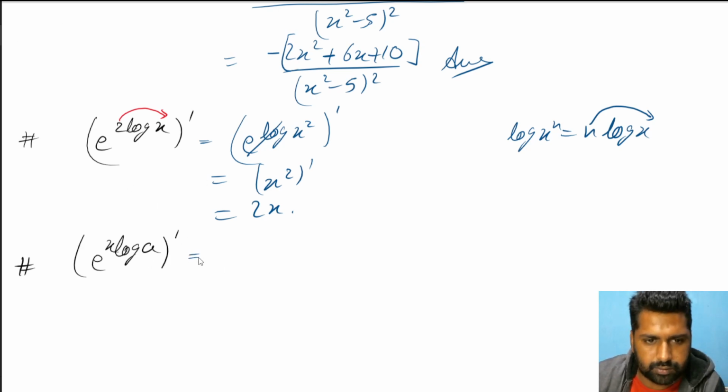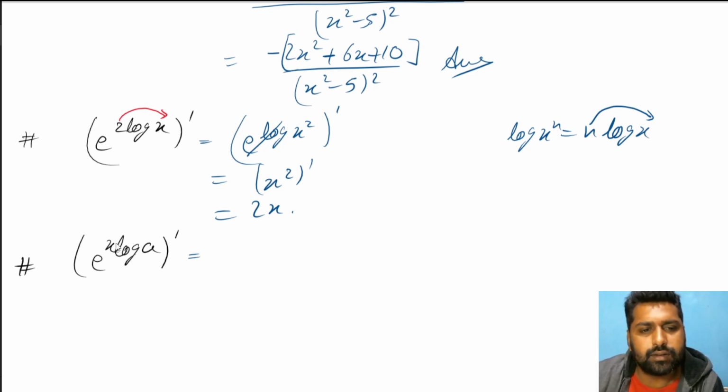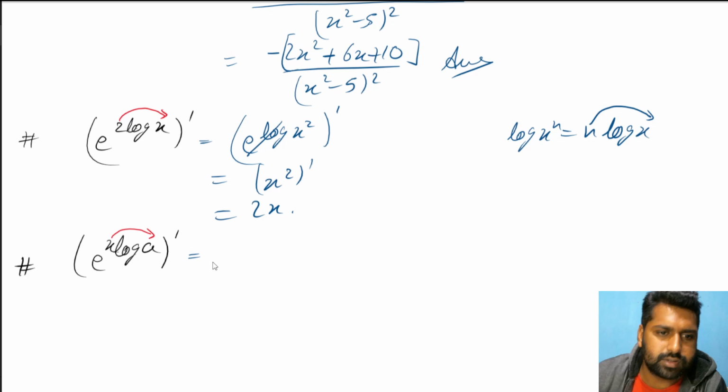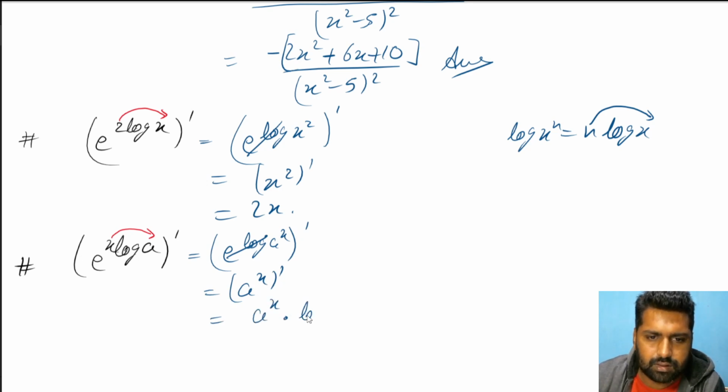So what you can do is, the idea is that whatever number or variable can be taken in the power of log. So this becomes e raised to power log a raised to power x differentiation. E and log cancel each other, so it becomes a raised to power x differentiation. What is a raised to power x differentiation? A raised to power x log a. It's as simple as that.